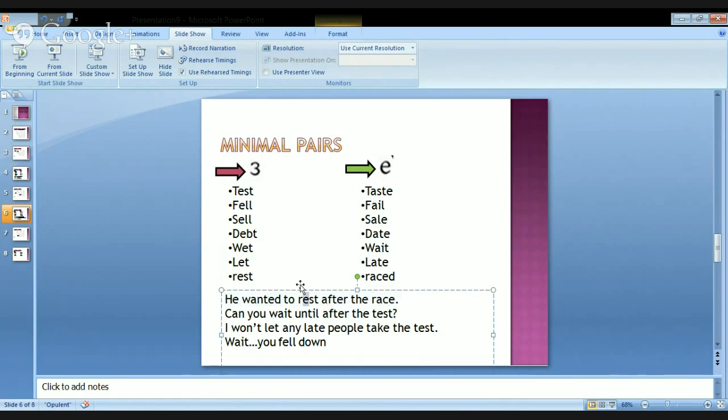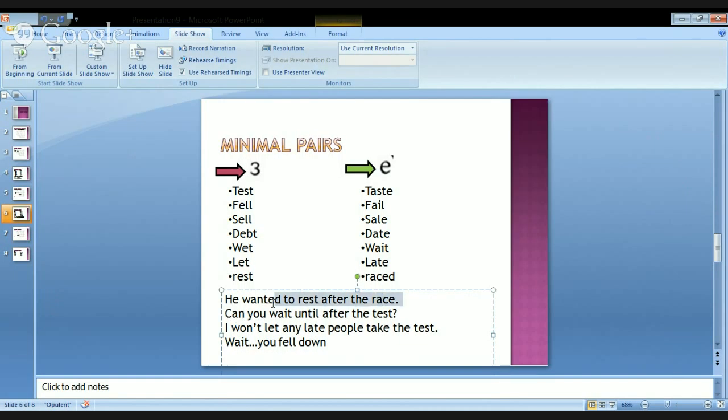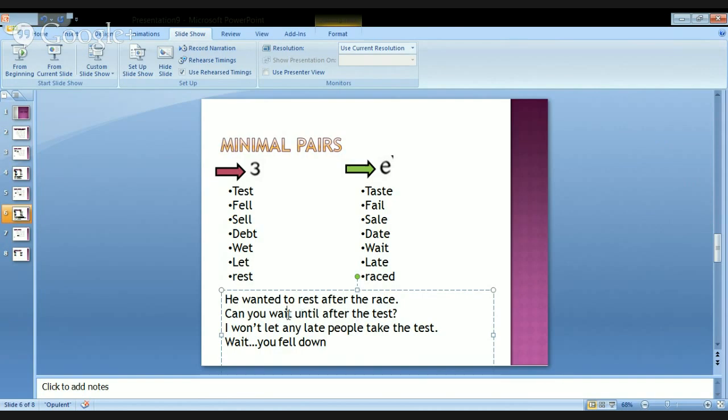So this sound right here, is it one or two? It's the one. Exactly. And then what is this one? It's the number 2. Exactly. Let's see. What about this one? Can you wait until after the test? Can you wait until after the test? And then this sound is which one? One or two?